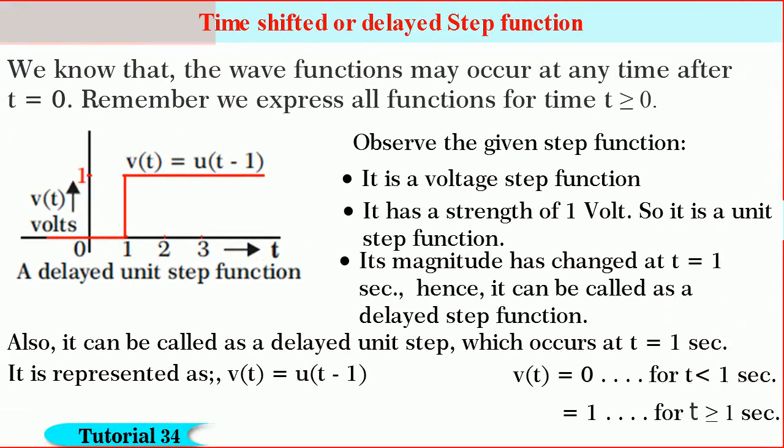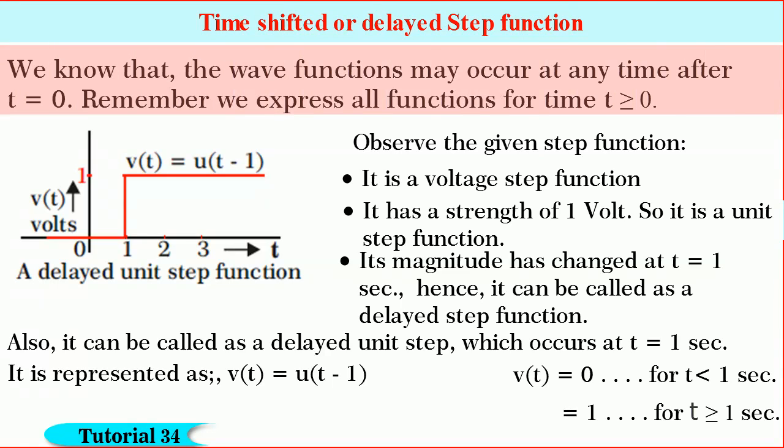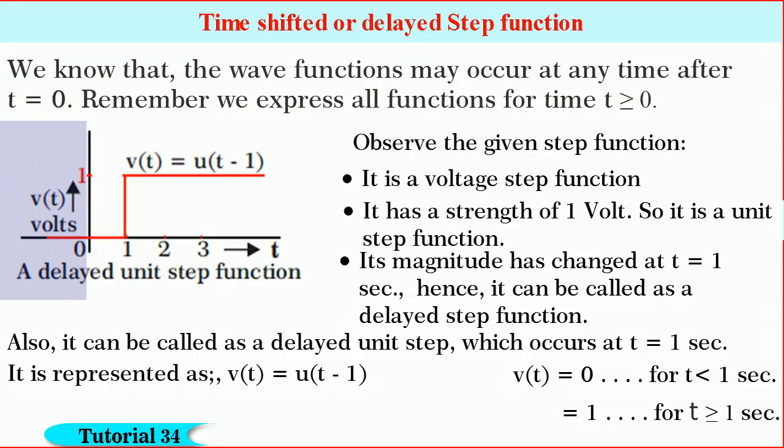Friends, next we shall learn about time shifted or delayed step function. We know that the wave functions may occur at any time after t is equal to 0. Remember, we express all functions for time t greater than or equal to 0. Now, observe the given step function shown in figure. It is a voltage step function. It has a strength of 1 volt, so it can be called a unit step function.